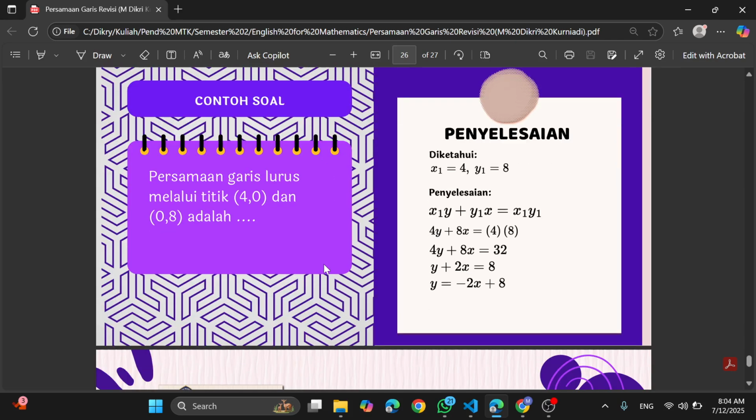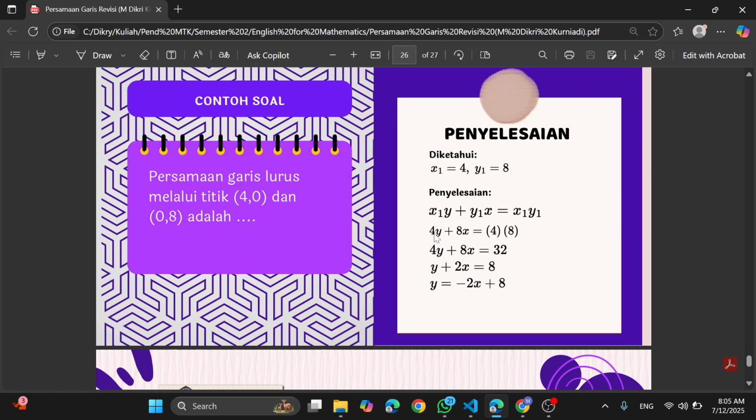Example: the equation of the straight line passing through the points 4, 0 and 0, 8, given that x1 is 4 and y1 is 8. With the formula, we can substitute x1 as 4 and y1 as 8.